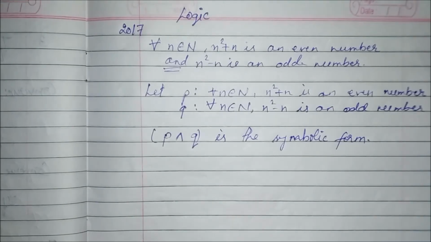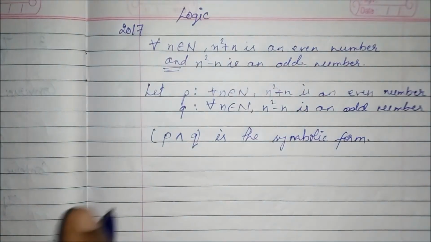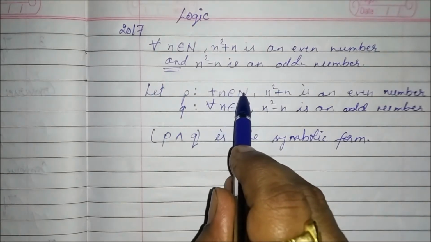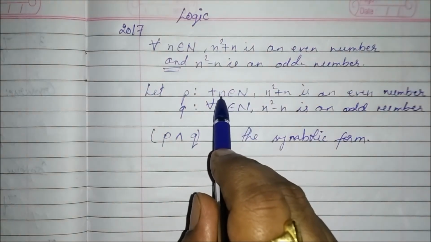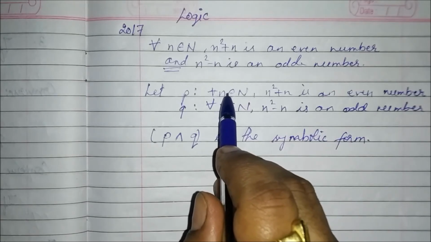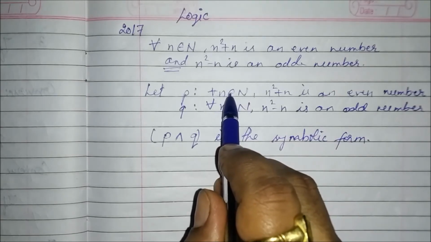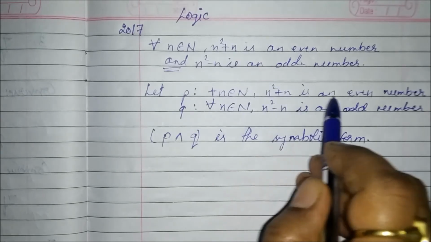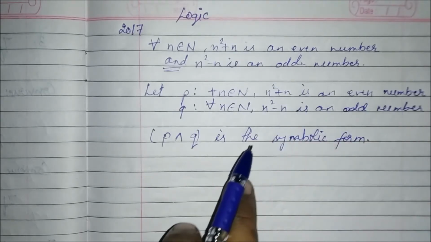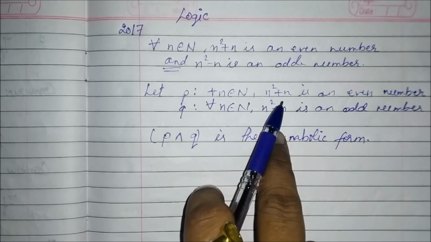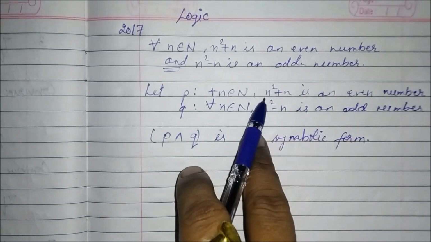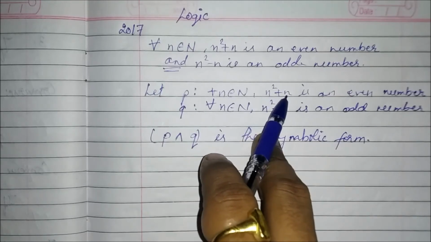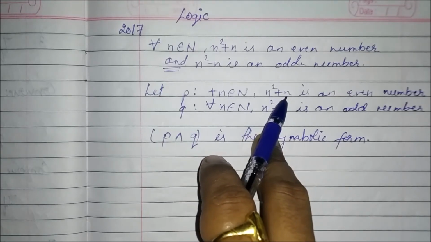Okay, now we need to find the truth value. See this statement P, for every n belongs to N. So n can have the values 1, 2, 3 and so on. For these values, is n square plus n an even number? Check. For 1, 1 square 1 plus 1 is 2. It is even.